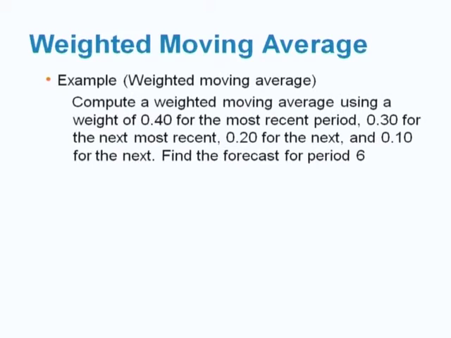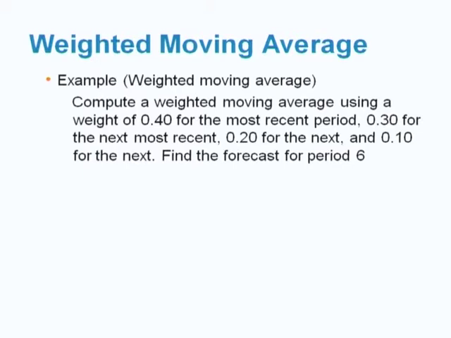For the weighted moving average, look at the example for computing it. We have computed the weighted moving average using the weight of 0.4 for the most recent period, 0.3 for the next most recent, 0.2 for the next, and 0.1 for the next.